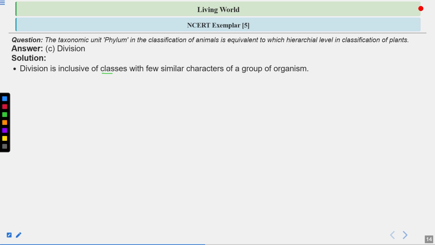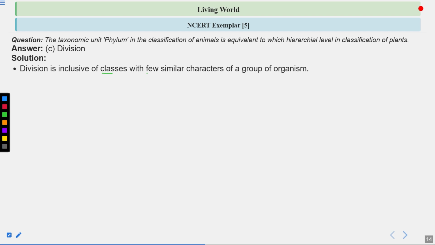Or you can say division is again an assemblage or group of related classes. Here it is written with few similar characteristics. So why are they writing few similar characteristics here? Because division is a broad category. It is a higher taxon. It is at higher level. Okay.